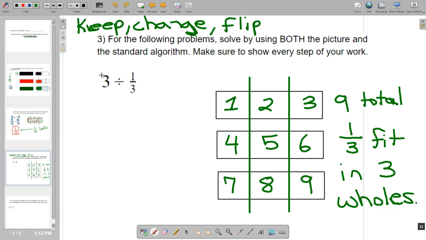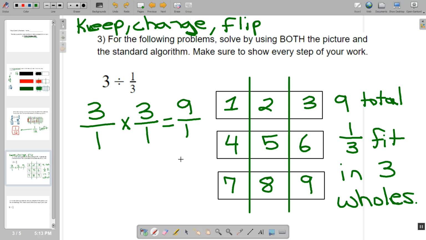So we keep the first fraction. In this case, it'd be 3/1. We change division into multiplication, and we flip the next fraction into 3/1. So we have 3/1 times 3/1, which is 9 wholes, which is equal to 9 total, which is the answer we got on both parts of our problem.